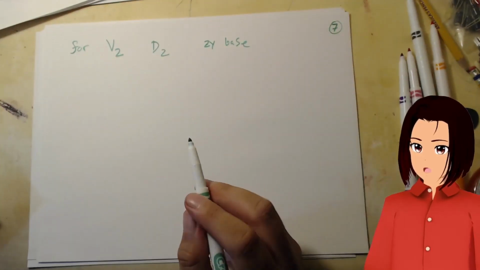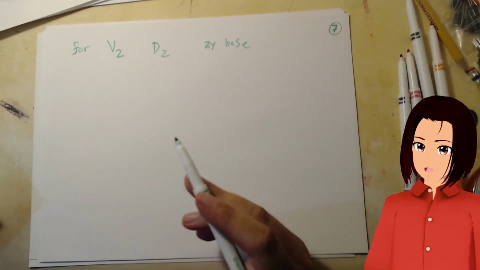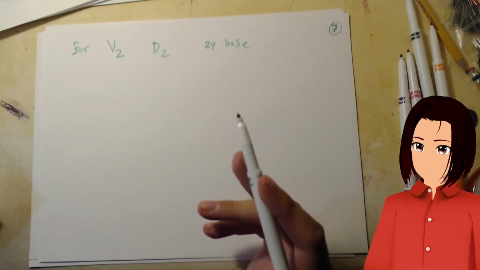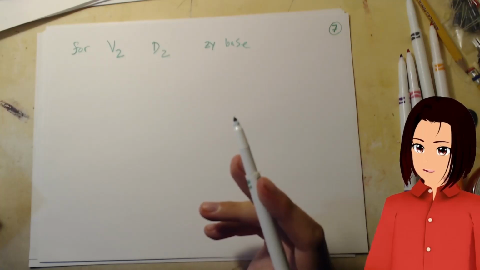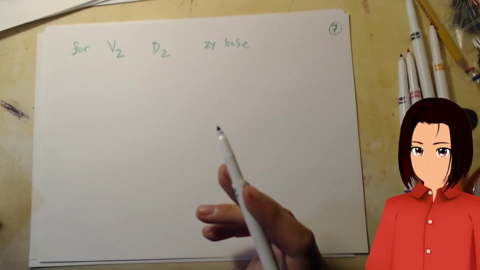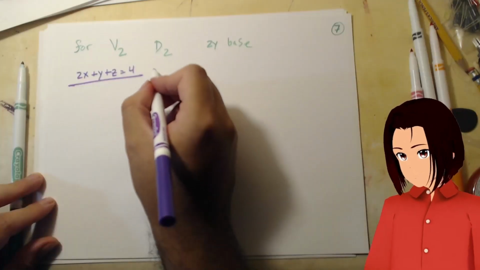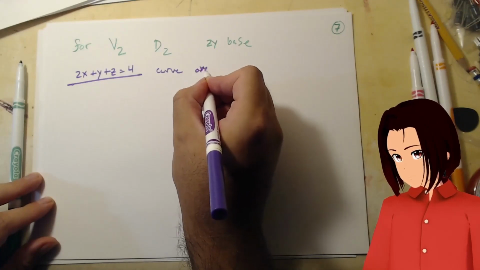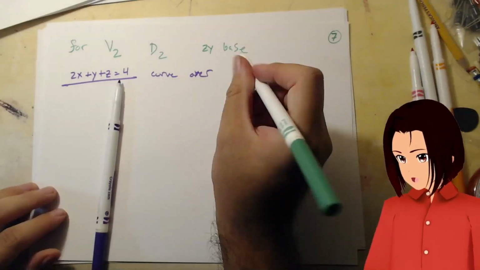And what we're doing is that we know the curve over that, and the curve over that is this guy. This is our curve over D2.